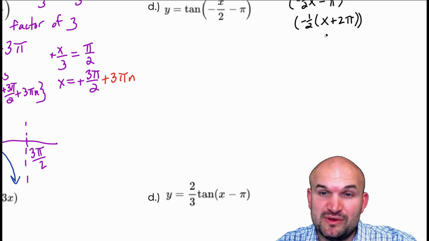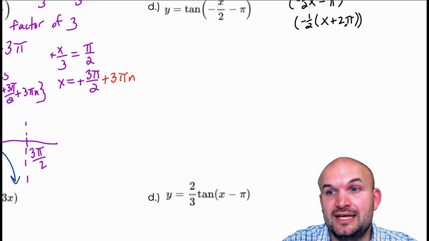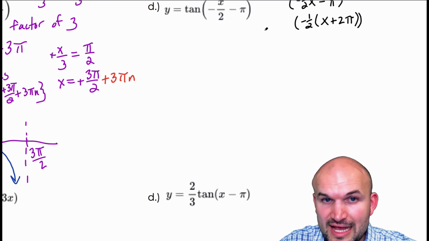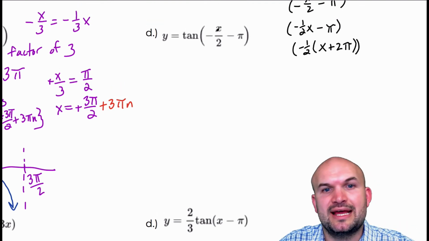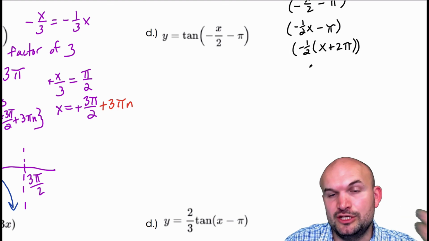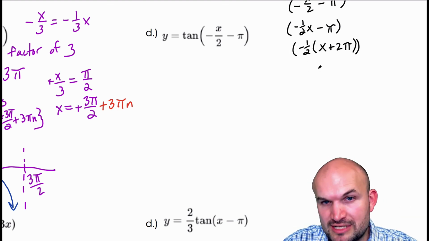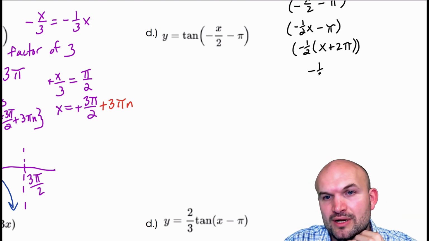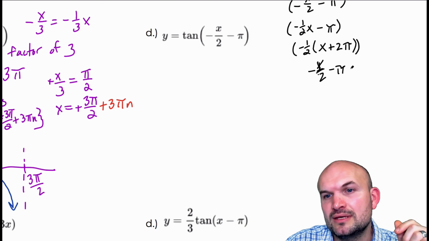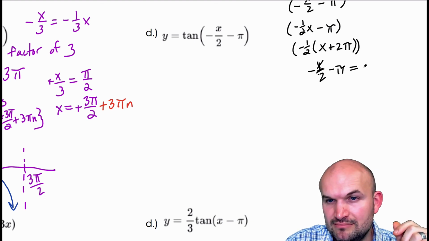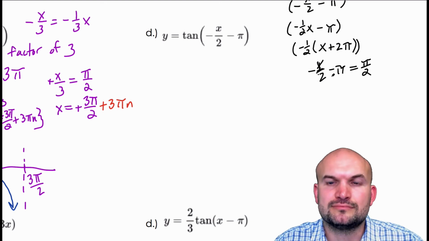Okay, so now that we've factored that out, now we can work on this in another direction. And that would be simply setting the negative x over 2 minus pi equal to one of our intercepts. So I'd have negative x over 2 minus pi is going to be equal to one of our intercepts, pi halves.